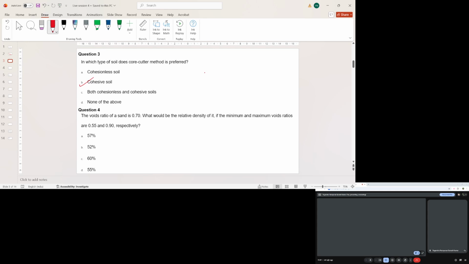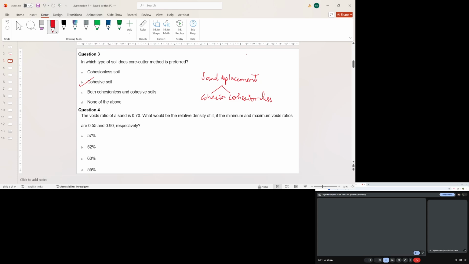So that is known as the sand replacement method. That is useful for both cohesive and cohesionless soil.